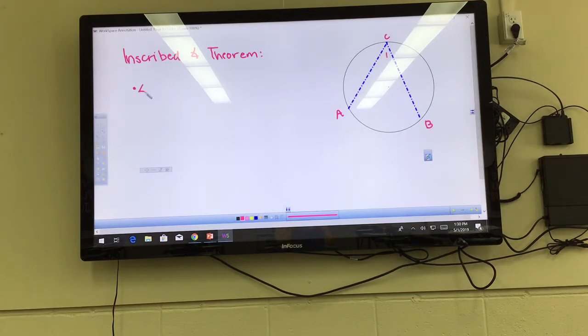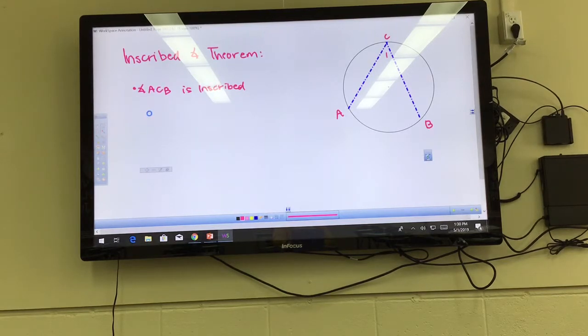So ACB is inscribed. And that's important for us to know. Inscribed, its vertex point is on the circle. Then the measure of the angle equals 1/2 the measure of its intercepted arc. So for example, if I look at this as angle 1, the measure of angle 1 is half of the arc measure if it's coming from the circle.